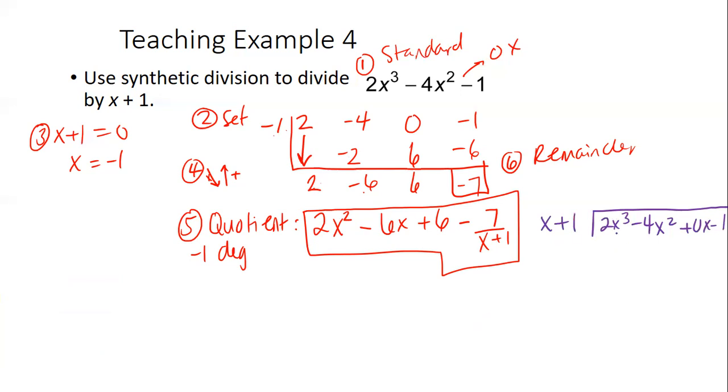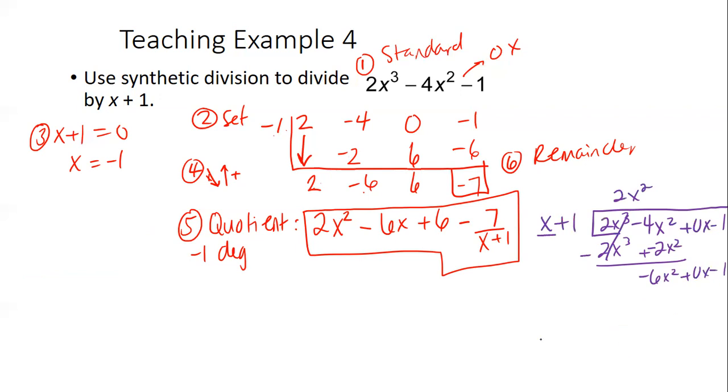I'm dividing 2x cubed divided by x is 2x squared. Then I multiply, which gives me 2x cubed plus 2x squared. Subtract, which means I'm changing the signs. So this cancels out. And I'm left with -6x squared plus 0x minus 1.